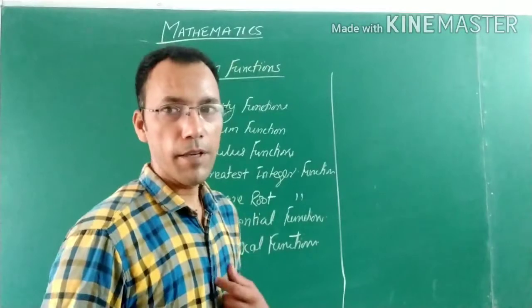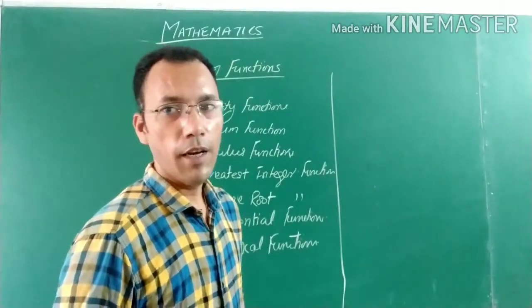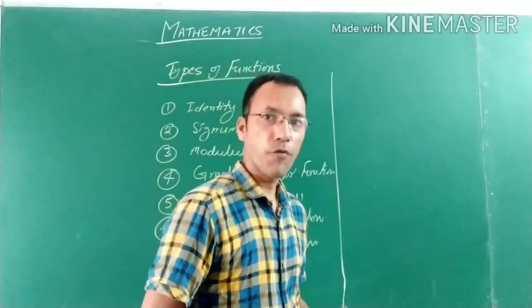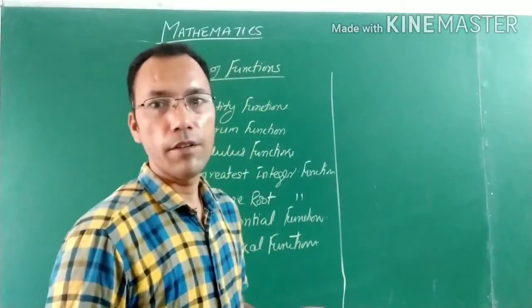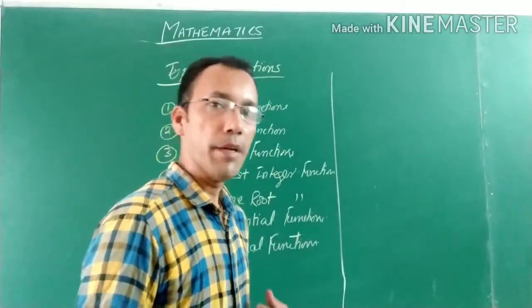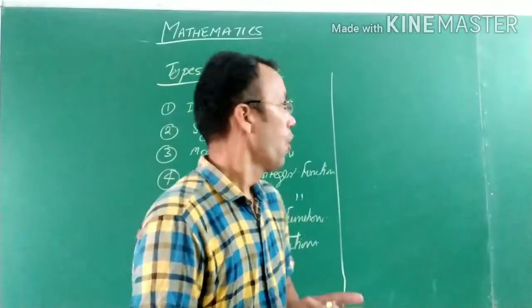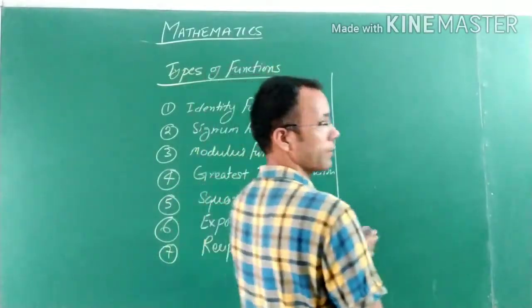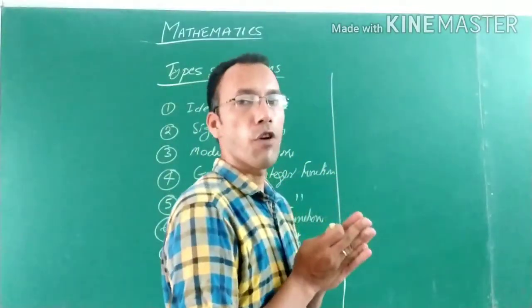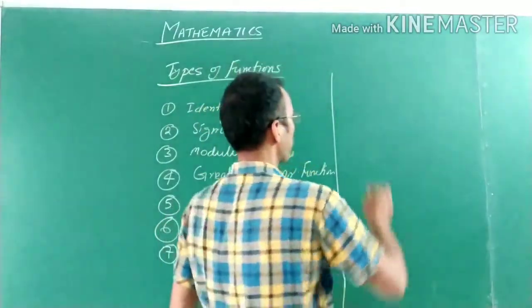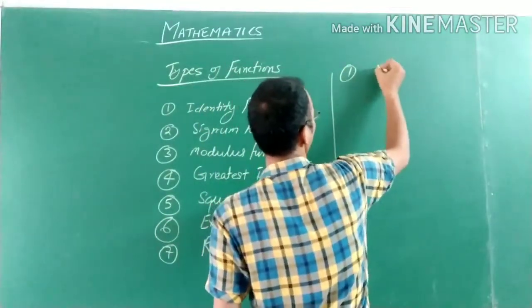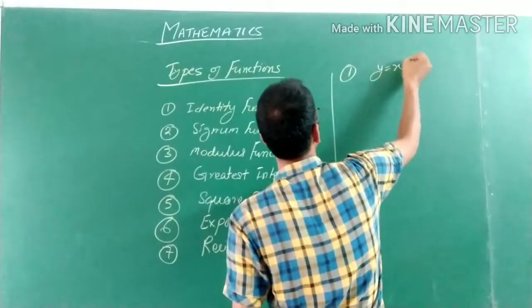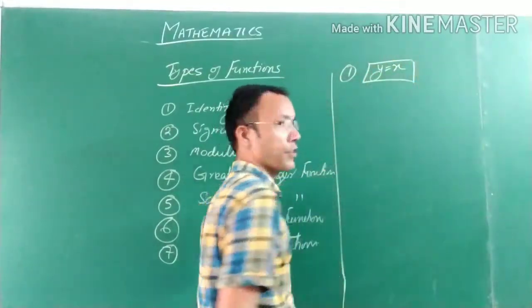Just like myself, I have an identity card with my own photograph. That means the image and pre-image are the same. Such type of function we call an identity function, and we will draw the graph of the function also. The identity function is y is equal to x.